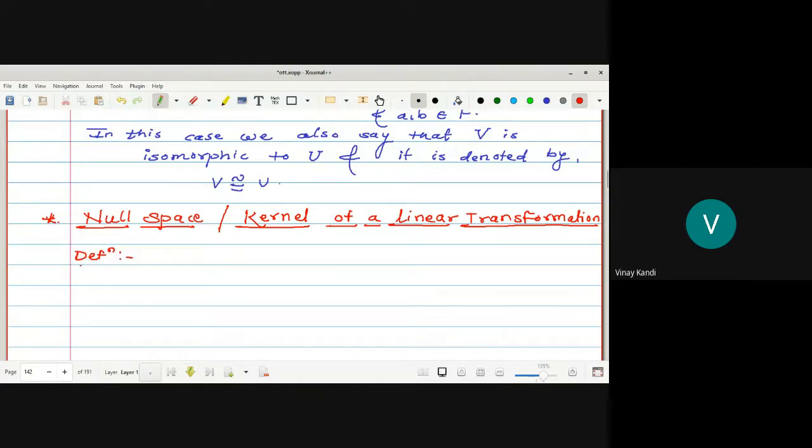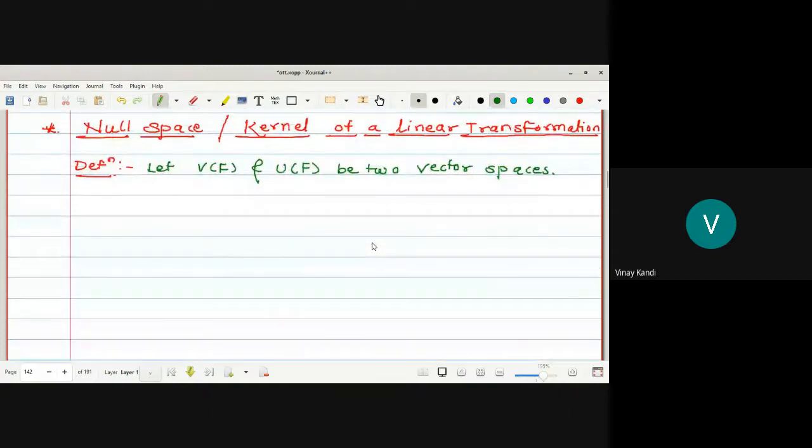Let capital V over F and capital U over F be two vector spaces over the field F, and let T be a mapping, a function from V to U, a linear map.